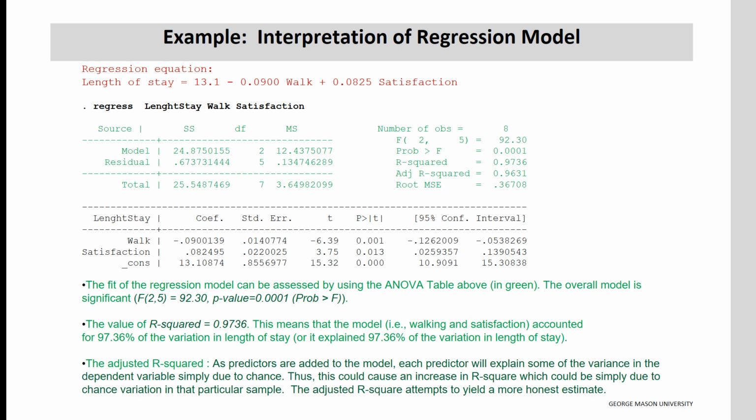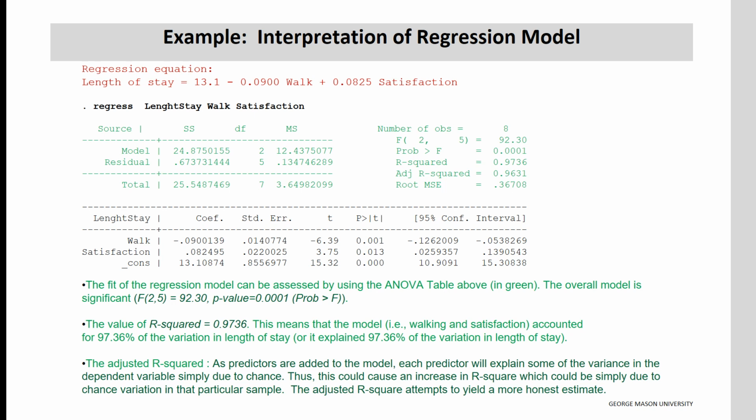So the fit of the regression model can be assessed by using this ANOVA table, and we can say that the overall model is significant. As you can see, the F-test with 2 and 5 degrees of freedom is 92.3, which is a very high value. Remember, a high value of a test statistic will yield a very small p-value.